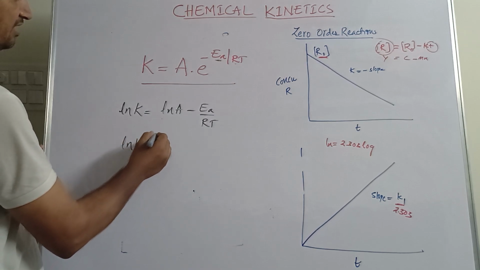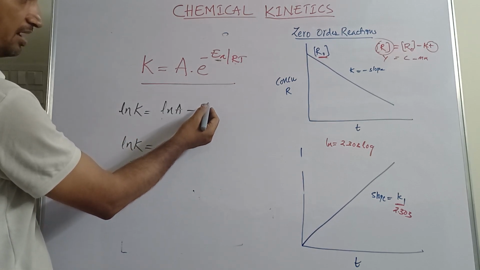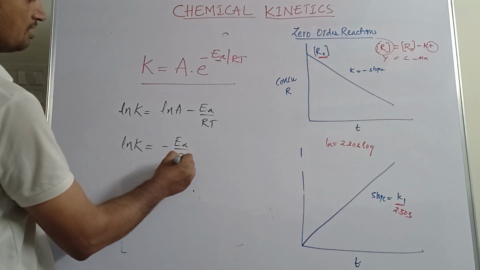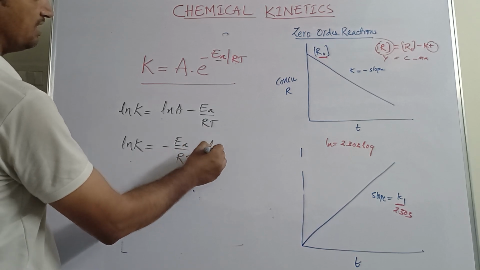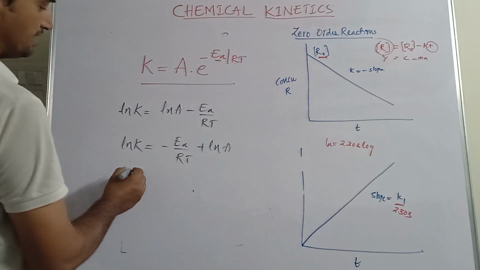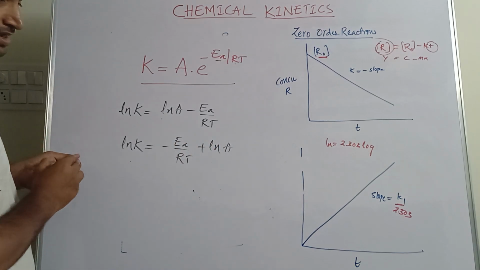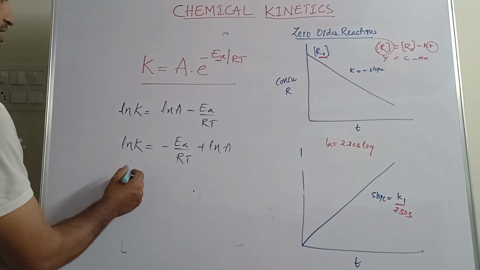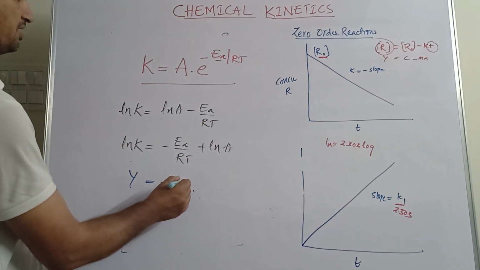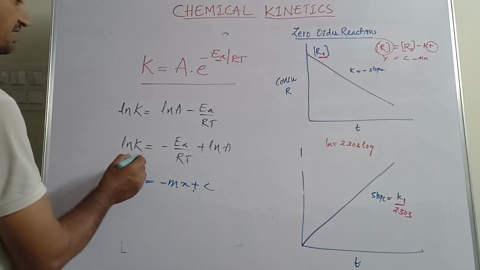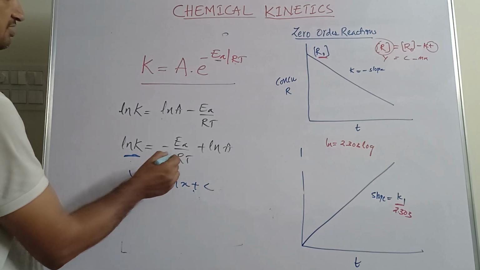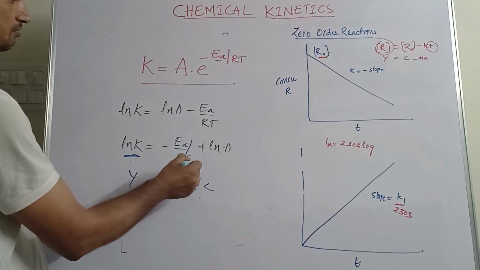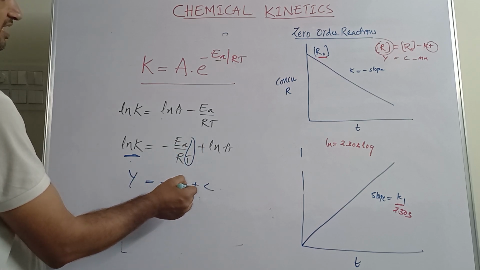For our convenience, here I am writing the second term in the beginning: ln K equals minus Ea by RT plus ln A. Now it looks like y equal to minus mx plus c. Now if you plot the graph ln K versus 1 by T, that is we are taking as x.